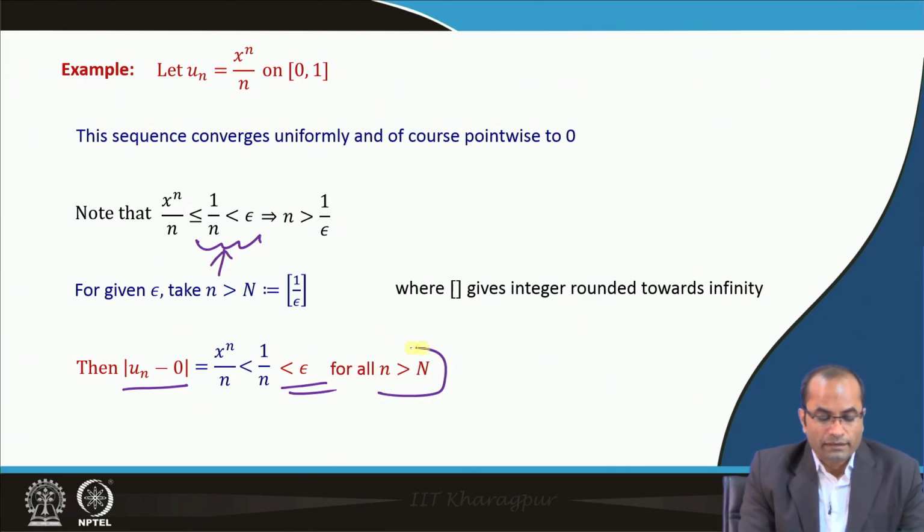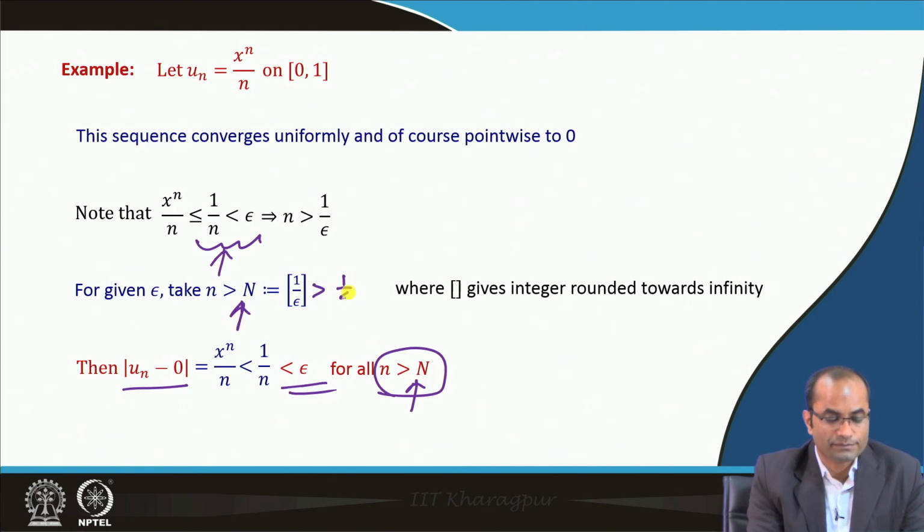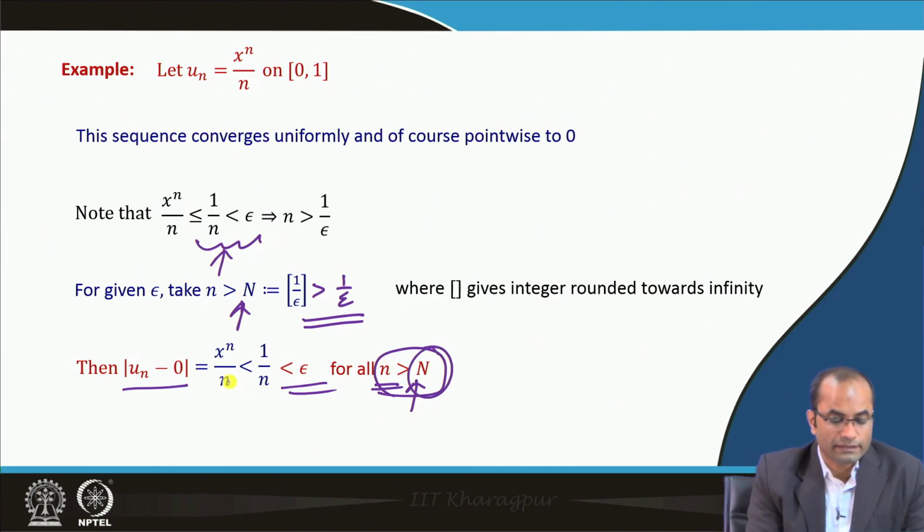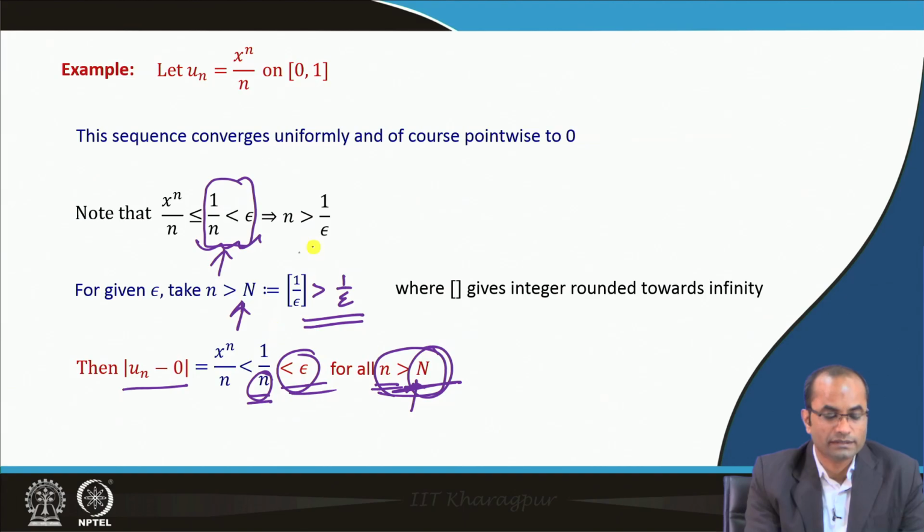For all n, because this big N was even bigger than 1 over epsilon, if we choose this n greater than this big N, then definitely 1 over n is going to be less than epsilon, because if we replace n by something bigger than 1 over epsilon, that relation will hold.